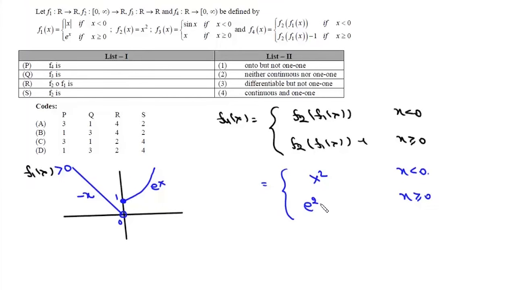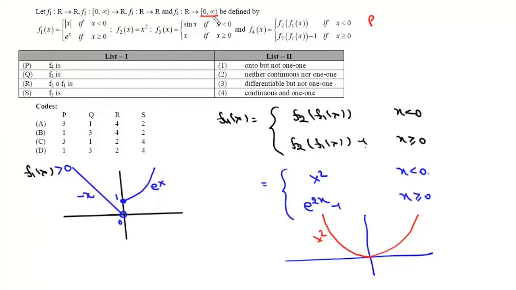So it'll be this e to the power 2x, and then we have this minus 1. Now if we draw the graph of f4(x), when x is less than 0, this is x square, and then we have e to the power 2x minus 1, which is this graph.